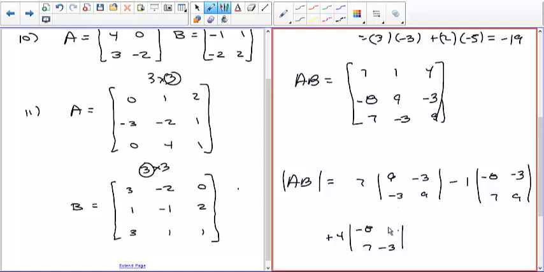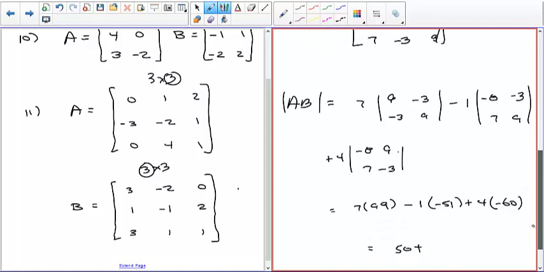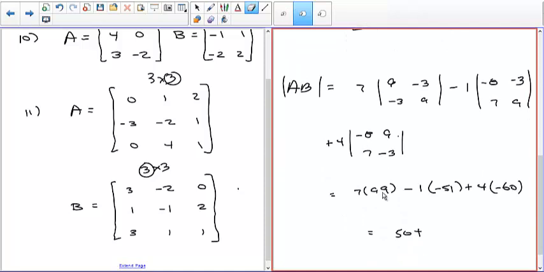Okay, and then let's fix these here. I think these two were the ones that I changed to 12s. So here we have 81 minus 9, which would be 72. So 9 times 9 is 81, minus 3 times negative 3 times negative 3. So it's 81 minus 9, which is 72.